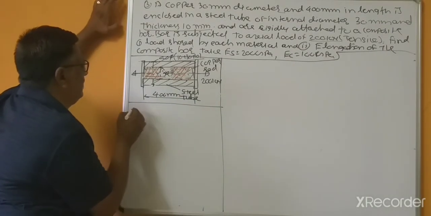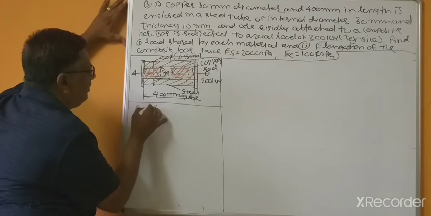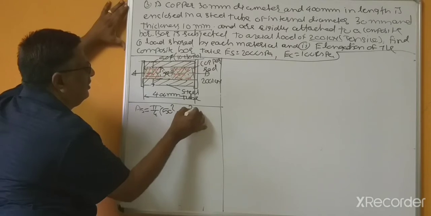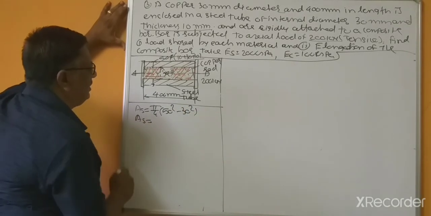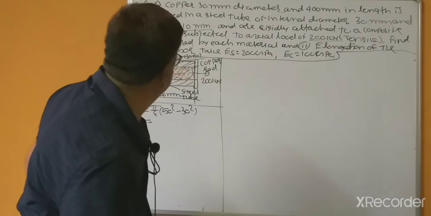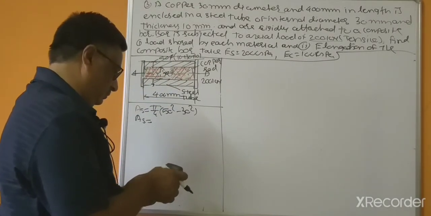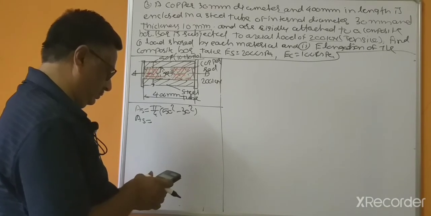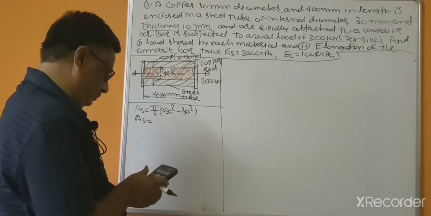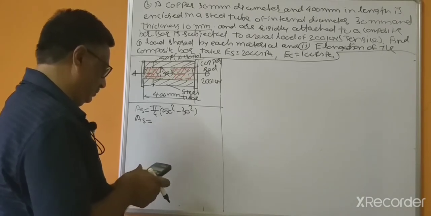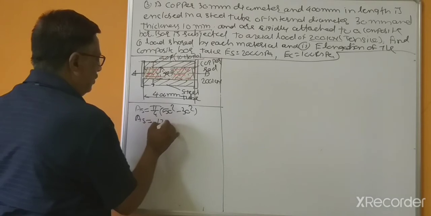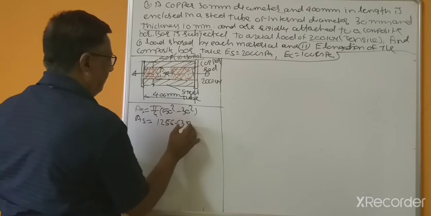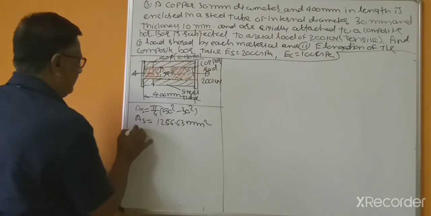For the steel tube, AS equal to pi by 4 into external diameter 50 squared minus 30 squared, AS equal to 1256.63 mm squared.